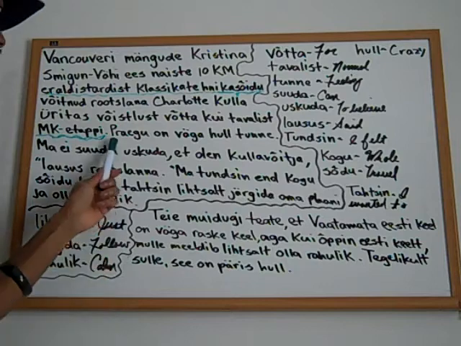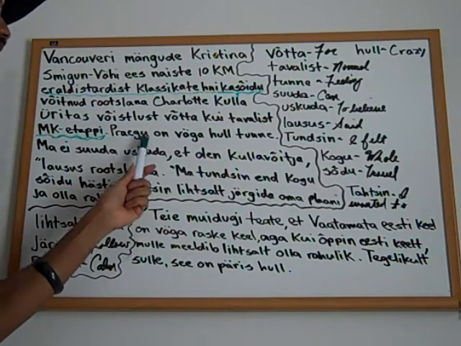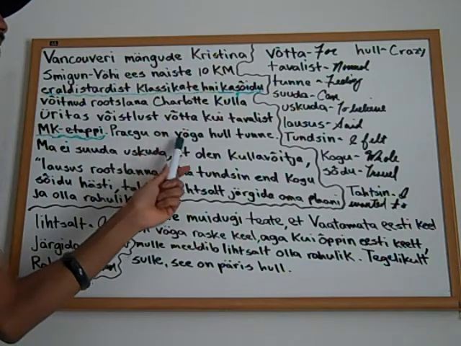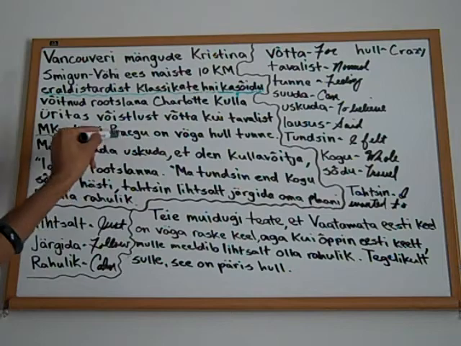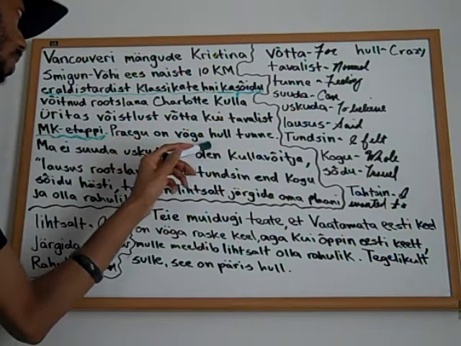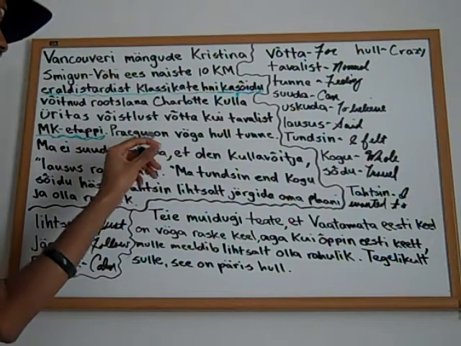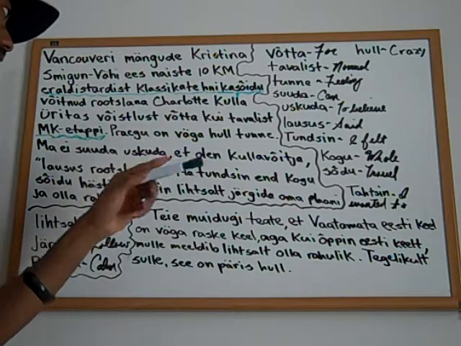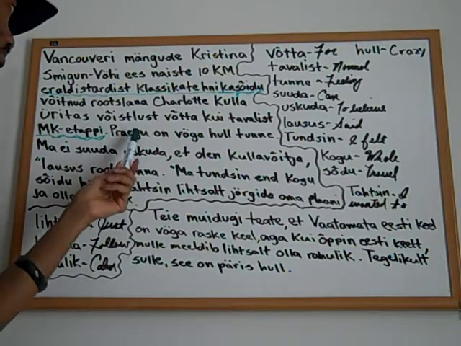And then here, praegu on vega hultunne. Now this praegu is now. So now it is very, hul is crazy and tunne is feeling. So now it's a very crazy feeling, or a strange feeling.